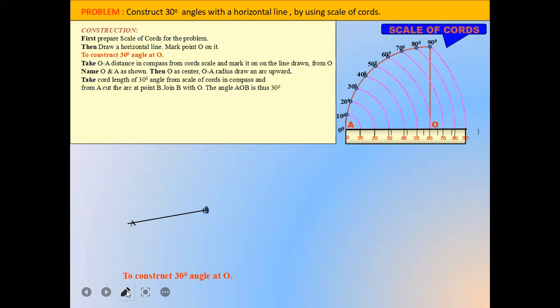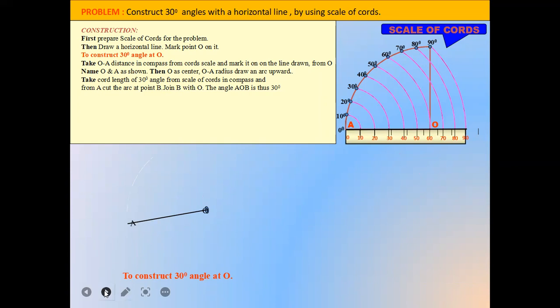Suppose this point is A and this point is O. The distance between OA here is equal to the distance between OA on the scale. Both are the same distance.